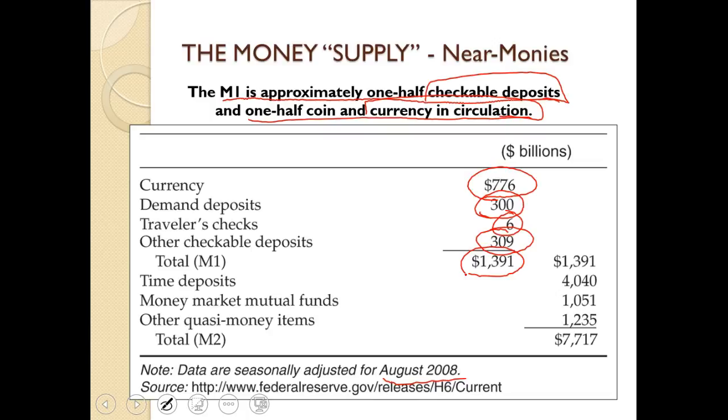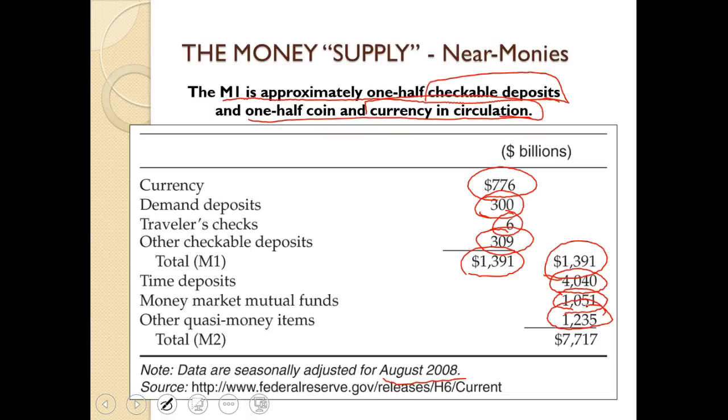So, what is M2? You take M1, which is equal to this 1.4 trillion dollars. You add the money market mutual funds, because these are near monies. You add these other quasi money items, the time deposits, the money market mutual funds, and other quasi money items.